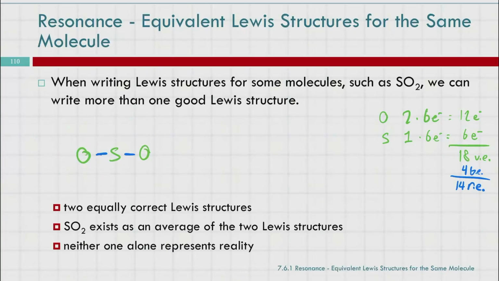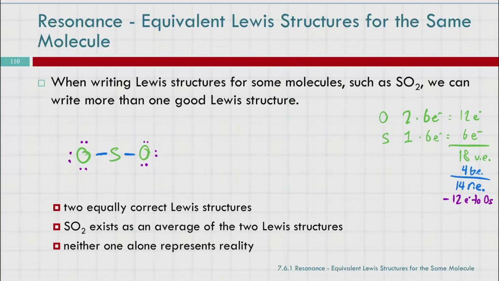So 14 remaining electrons. We can start with our terminal atoms. Each of these oxygens only has 1 bond. They've got room for 6 electrons each. So if we place 6 electrons each on 2 oxygens, that's 12 of our electrons. So 12 electrons to our O's.